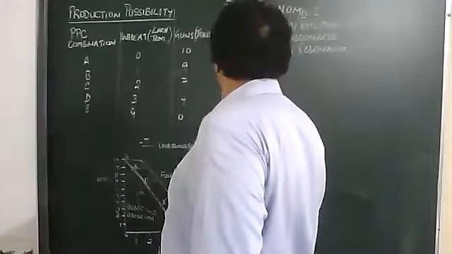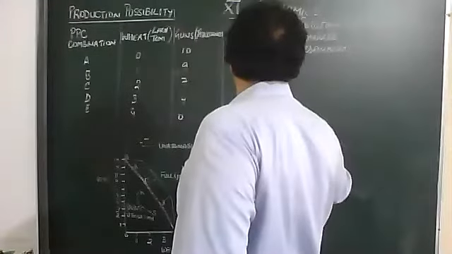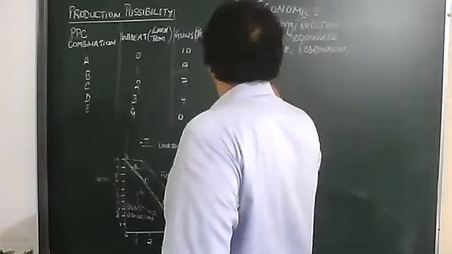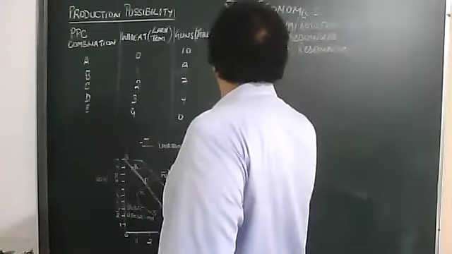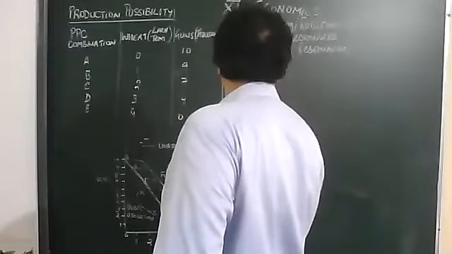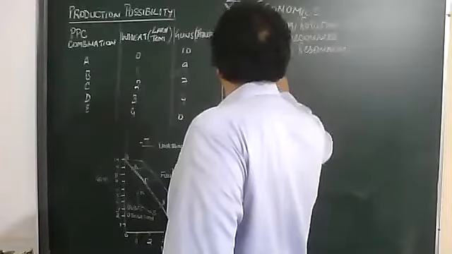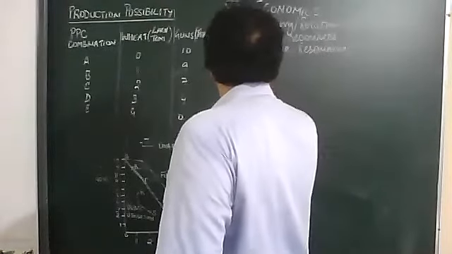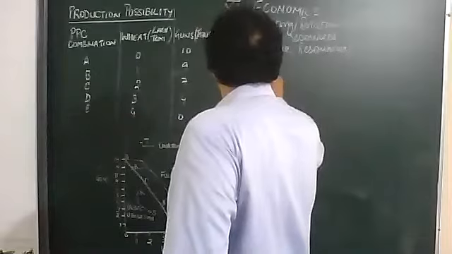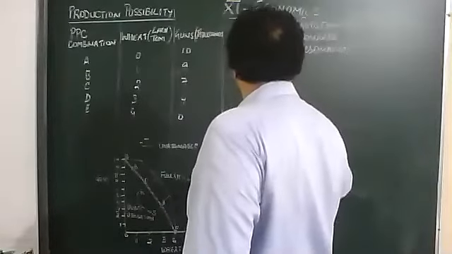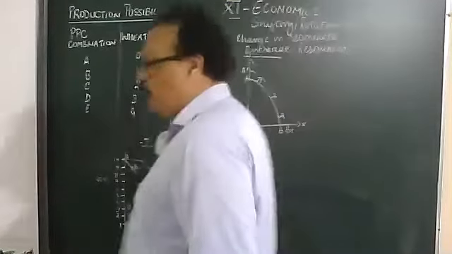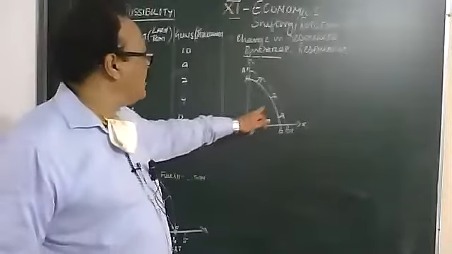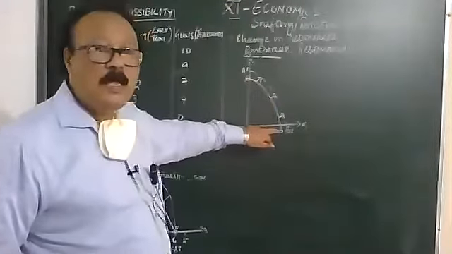For example, if this was your PPC curve, A and B, it will now shift to the right, B1, A1. It will shift to the right. Your PPC will shift to the right.